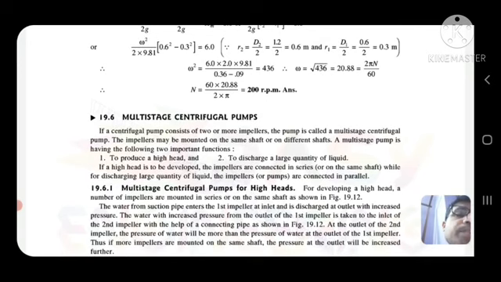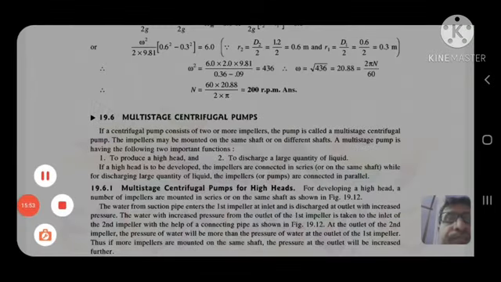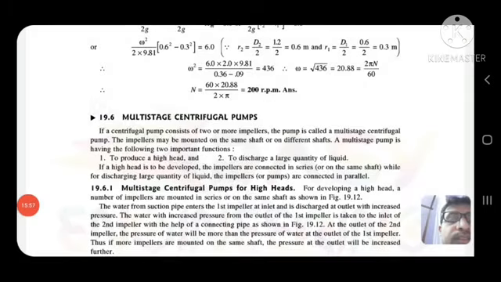So omega is root over 436, 20.88, equals 2 pi N by 60. So N is equal to 60 into 20.88 divided by 2 pi, that is equal to 200 rpm.